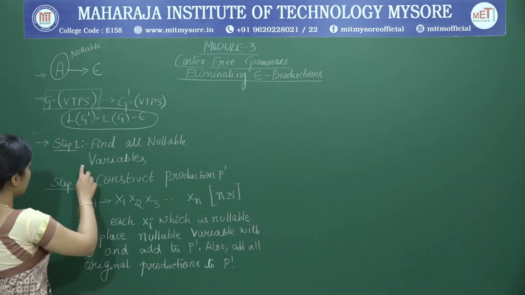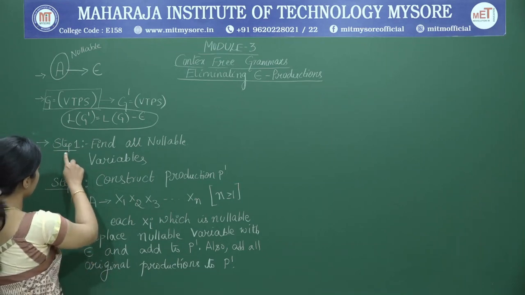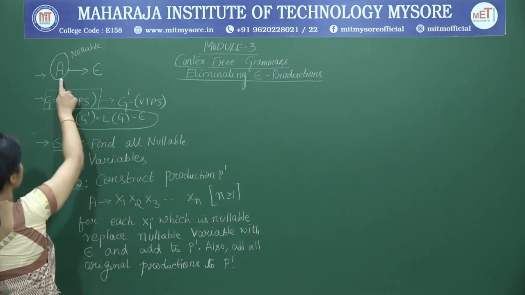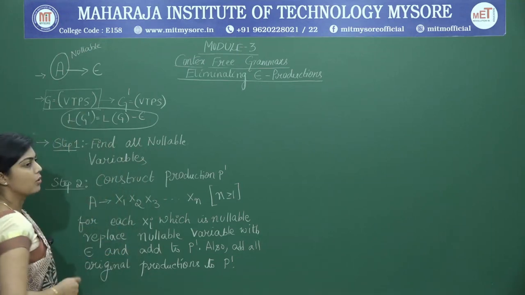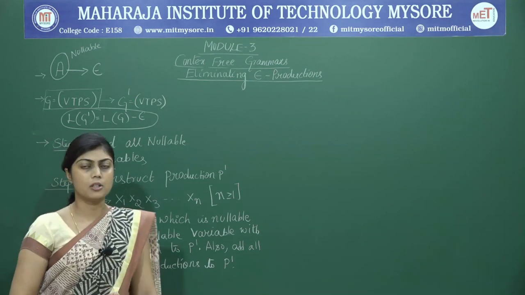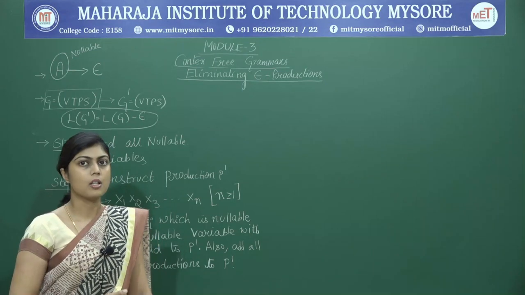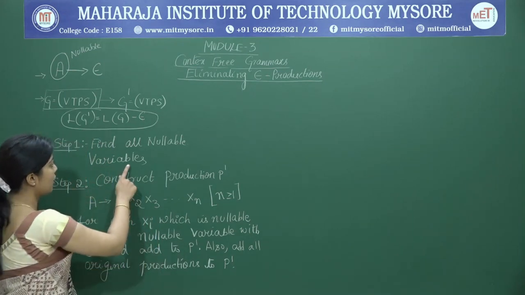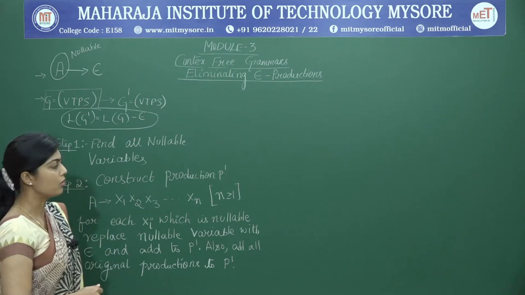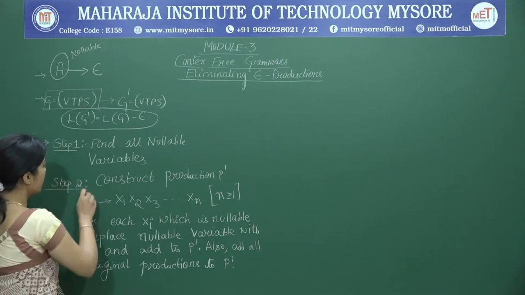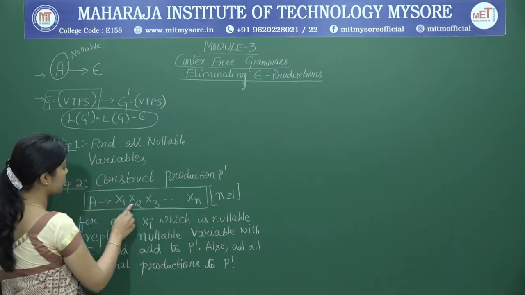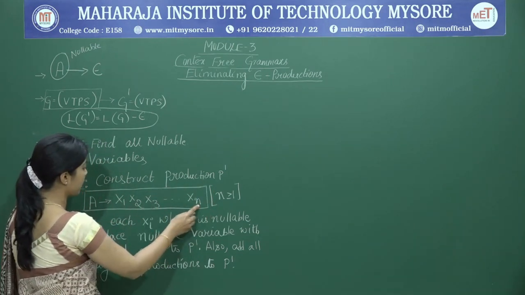So, what are the steps that we have to follow to eliminate it? Step 1 is to find all the nullable variables. This is the kind of production that we are looking for initially, and any variable that tends to be epsilon is called a nullable variable. We will find all such variables. What is the second step once we have found all the nullable variables? We look for the production which is in the format of A goes to x1, x2, x3 up to xn.